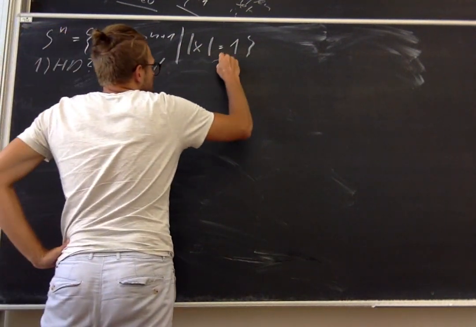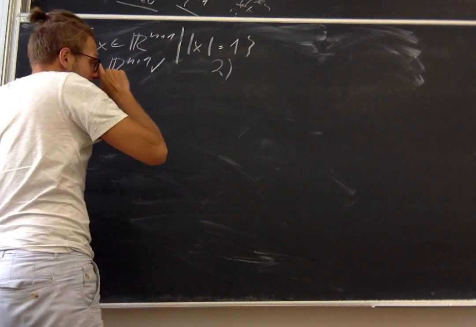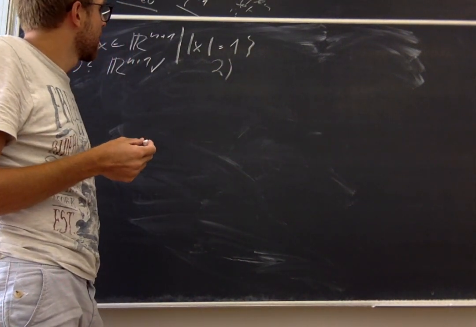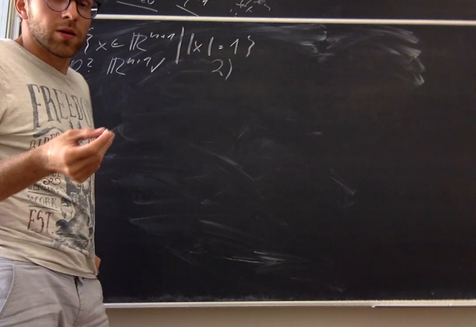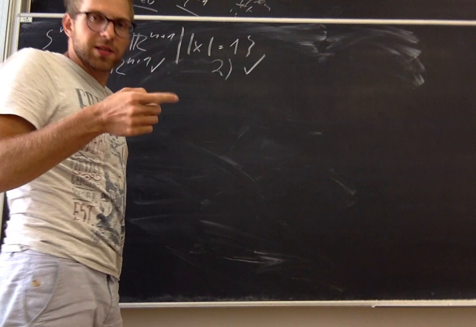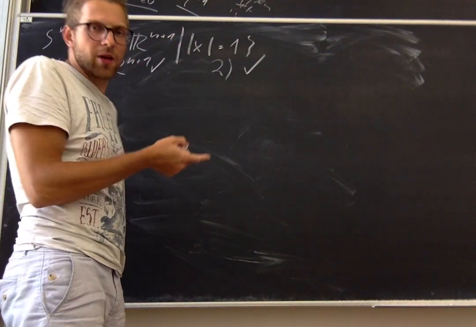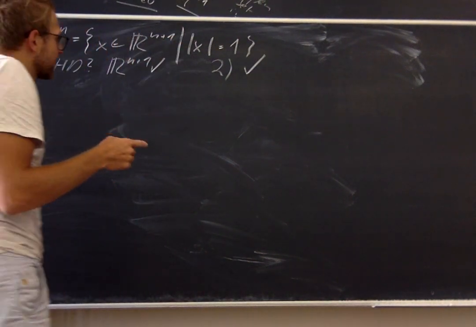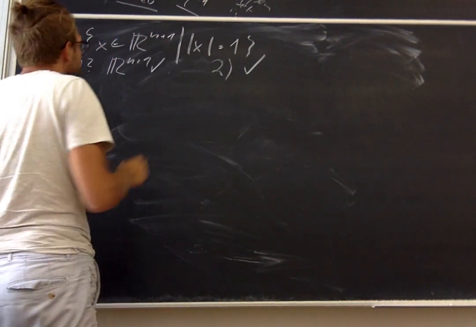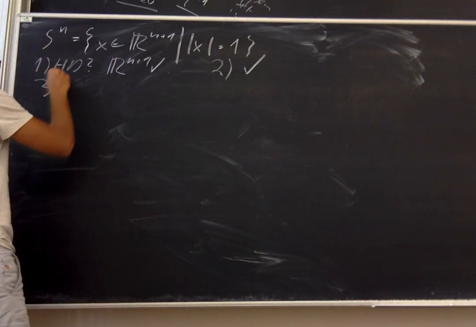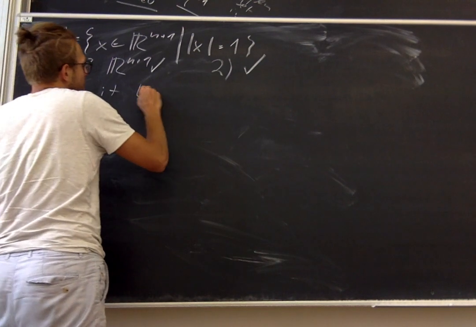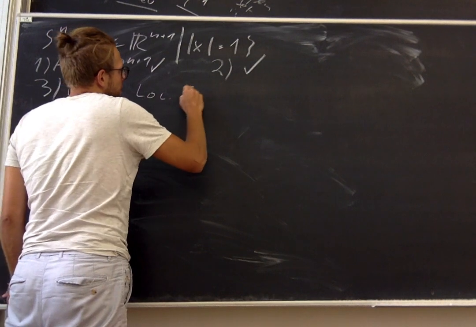Number 2, is it second countable? Again, we use the same argument for second countability. A subspace of a second countable space is second countable, from the theorem that I stated before. Again, you can find these online or ask me. Now we're going to move on to the interesting part. Is it locally Euclidean?